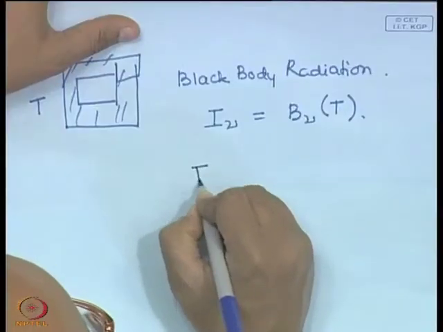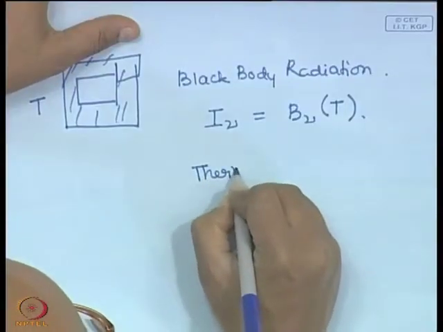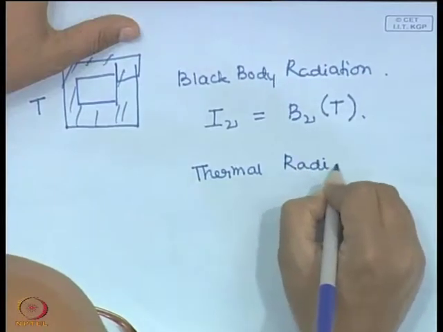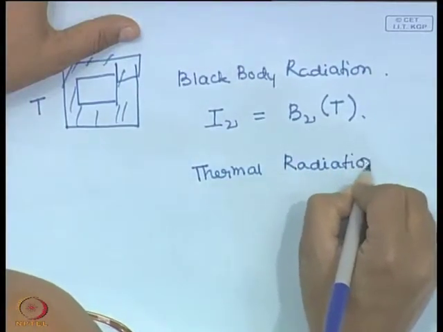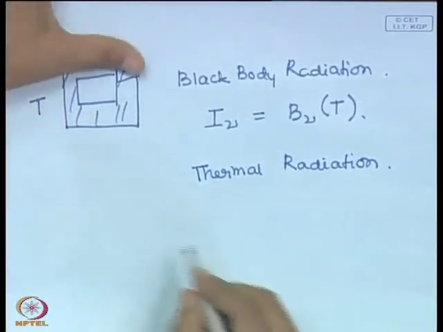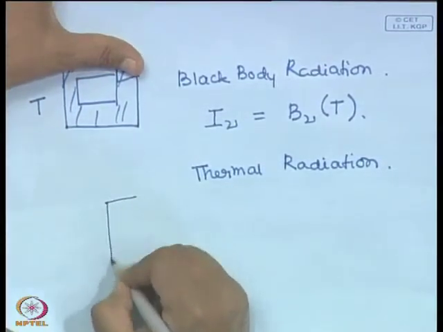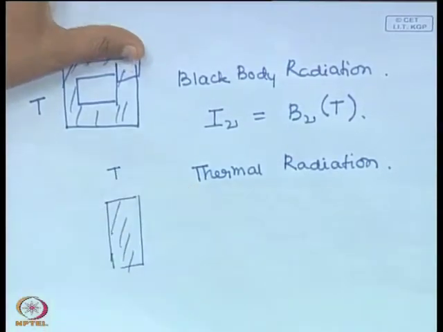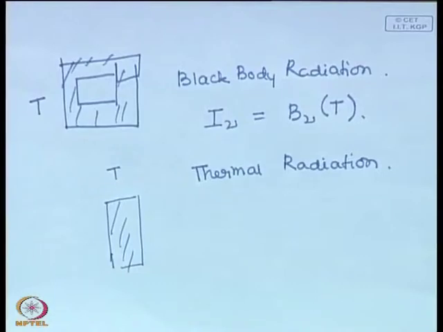That is one thing. The second thing is thermal radiation, which is different from black body radiation. We have some material here which is in thermal equilibrium at a temperature T; it could be a gas, or a piece of glass, whatever.